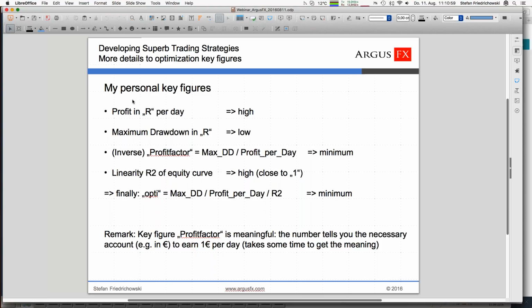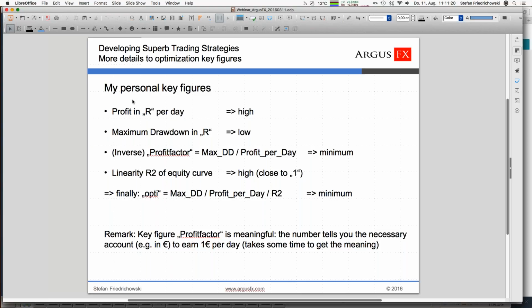So since everybody, and I too, likes linear equity curves, the final number which goes into the equation is this R square. This R has nothing to do with the risk R. It's just the definition of that number.